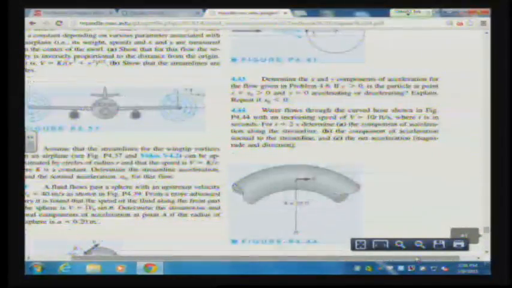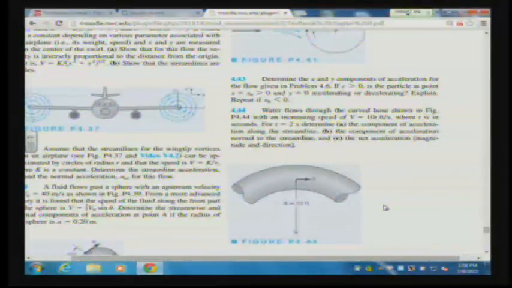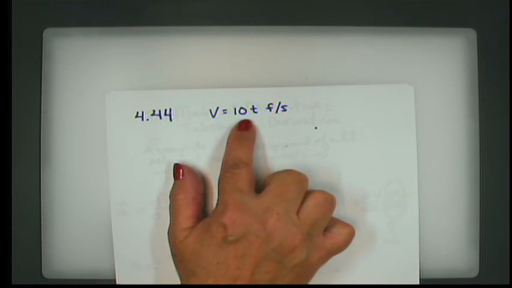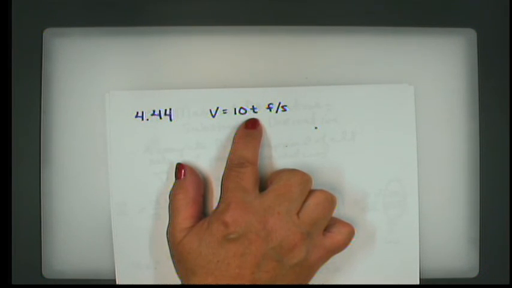All right, so there it is. Here in problem 4.44, we have water which flows through a curved hose with an increasing speed of V equal to 10t feet per second. The first thing we need to recognize is that it is not a steady flow problem, since velocity is a function of time, and we're going to have to take that into account.